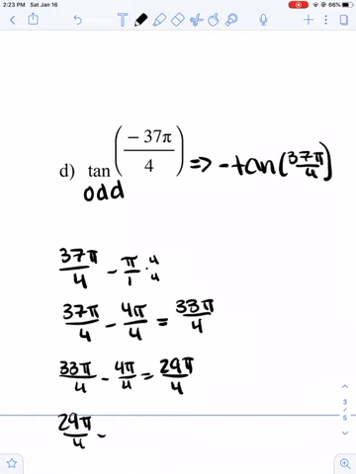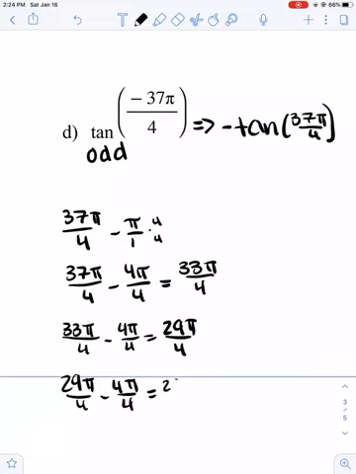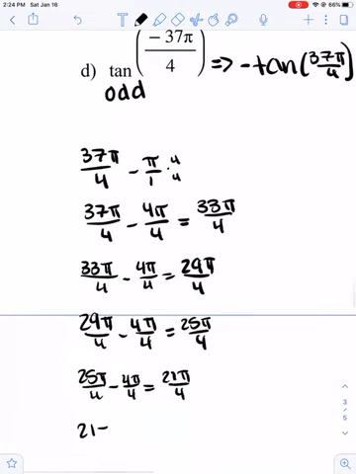Again, that gives us 25 pi over 4 minus 4 pi over 4 equals 21 pi over 4. So we keep subtracting the 4 pi over 4.